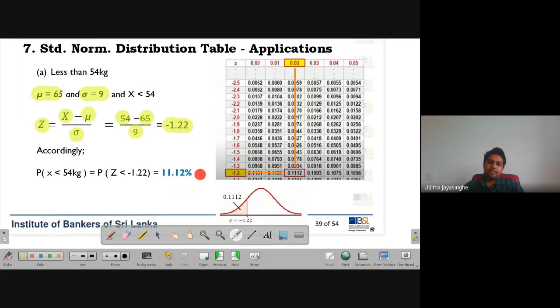That is 11.12% probability is the answer. Theoretically, you can put it like this: probability x less than or equal to 54. Either way, you can write it. Is going to be equal to probability of Z less than negative 1.22, and that is 11.12. Okay. Moving on.